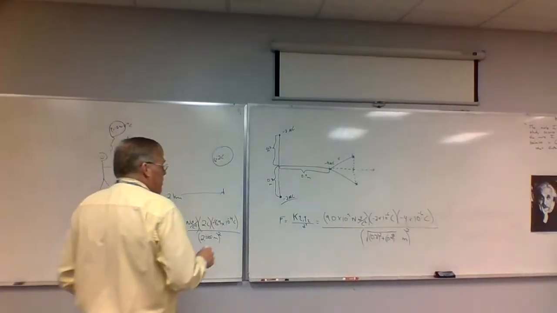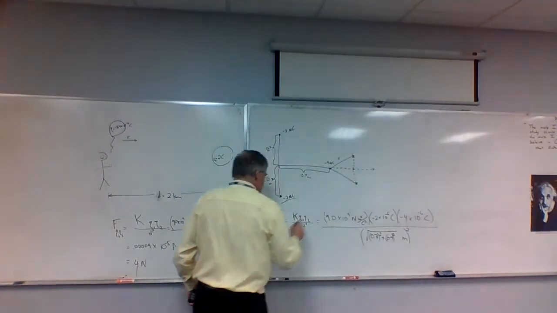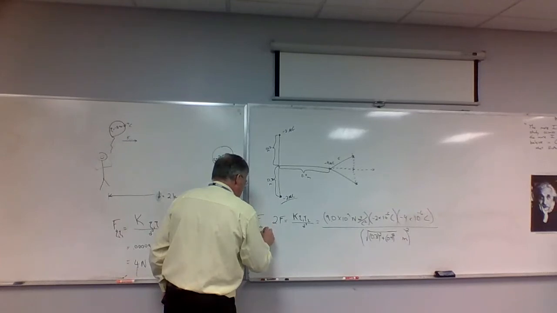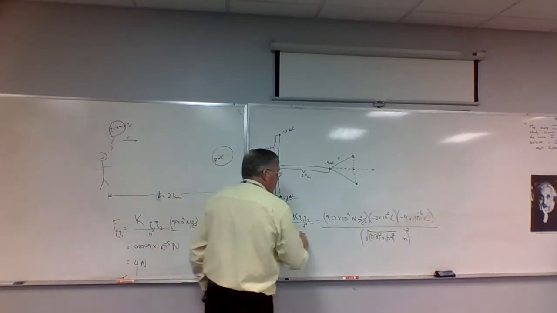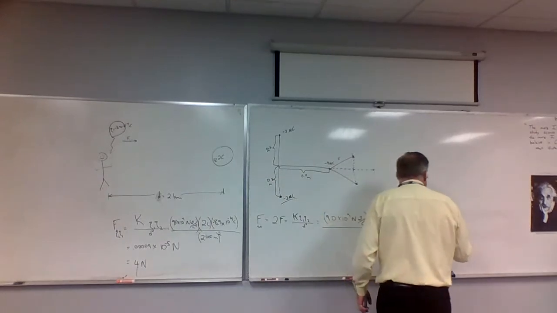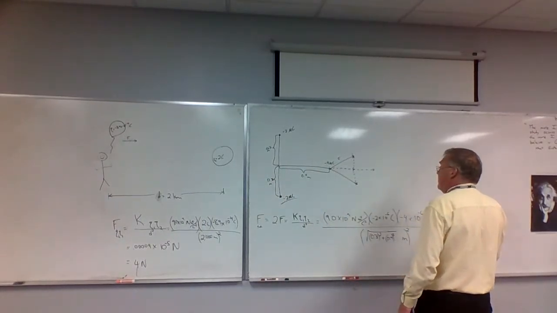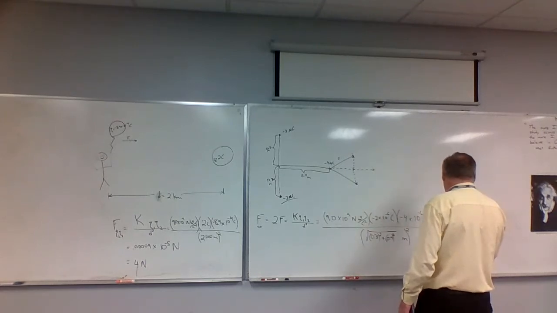So, the ultimate force we're looking for is 2 times that. F total is 2 times this, and then we've got to multiply by the cosine of the angle, or 0.4 divided by 0.3.